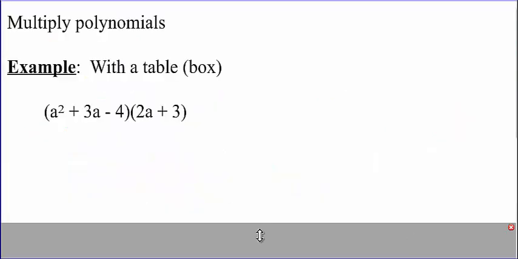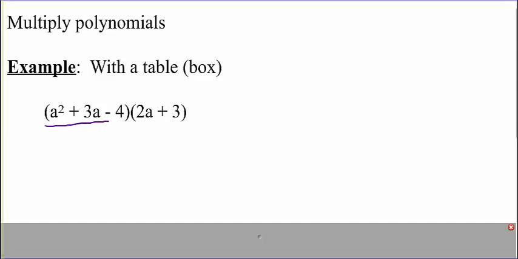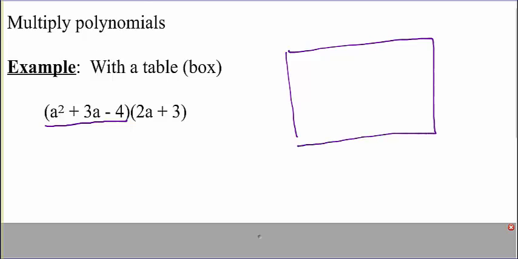Next, we'll look at multiplying polynomials with a table or a box. So you would look at the number of terms in each expression. Since the first expression has 3 terms, we want to make sure we have either 3 rows or 3 columns. I'm going to make 3 columns, one to represent each term.